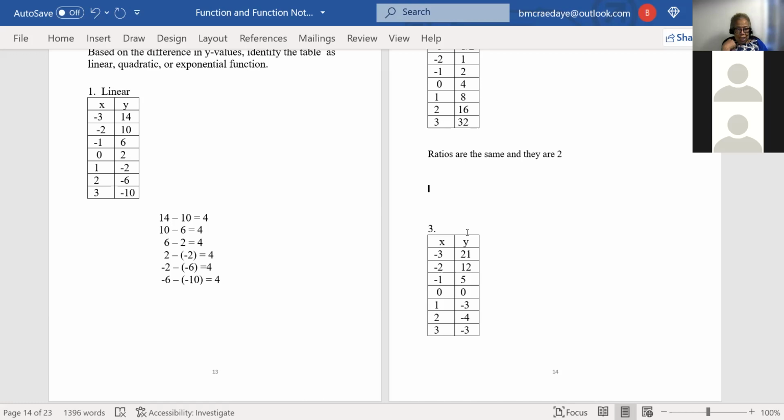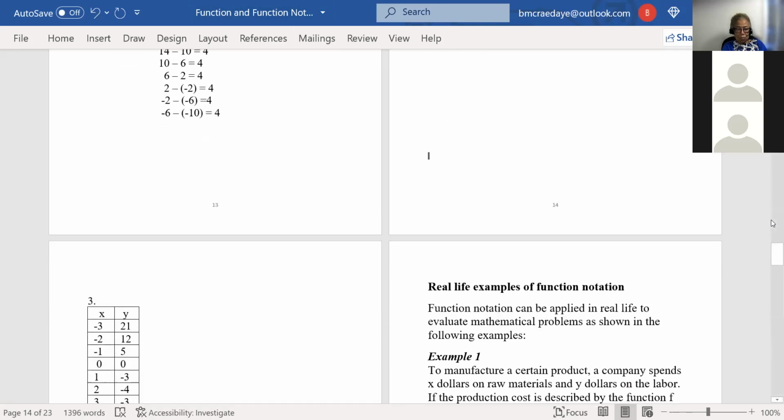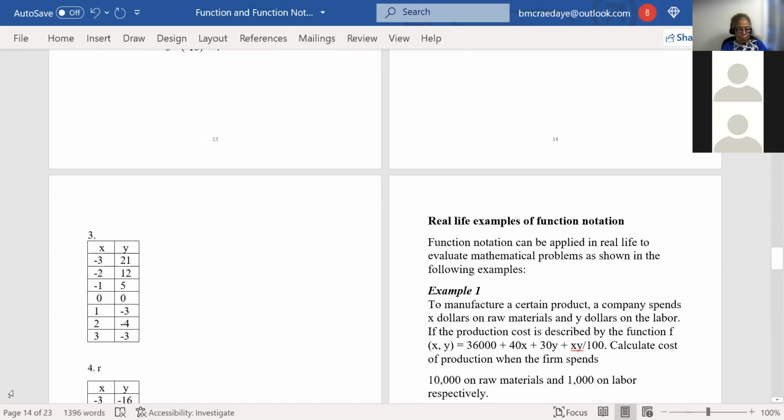If after you do 2, they're not the same, then keep going and get your second difference. Okay, we're doing number 3. The two of you have an answer?